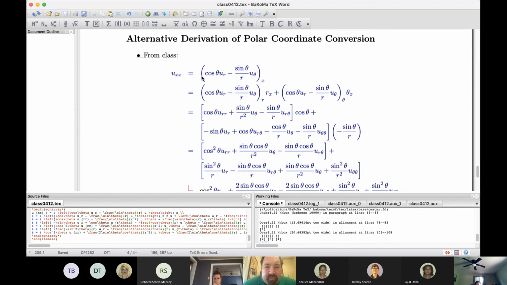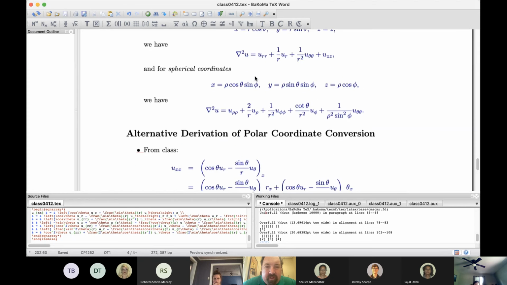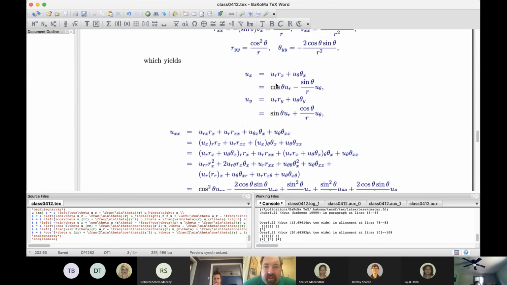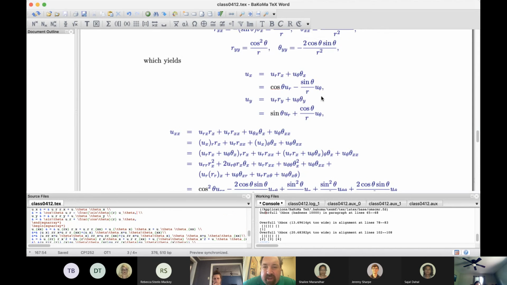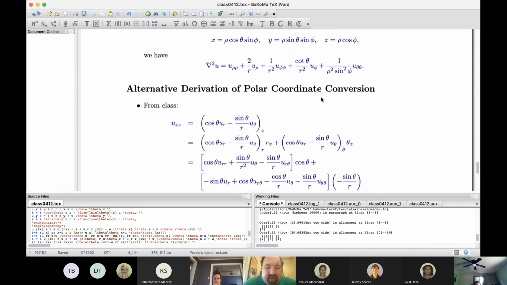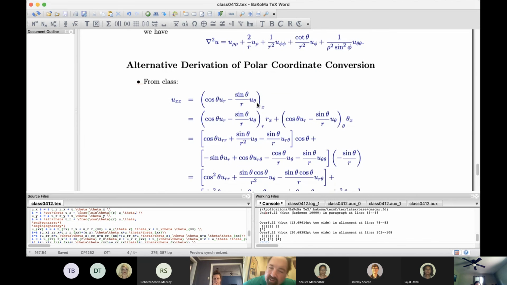Here, U_XX, this is my expression that I had before for du/dx. So if I go back up here, here's my du/dx. I just go ahead and dump that in here. I want a derivative of this with respect to x. But taking a derivative of anything with respect to x is the same as taking a derivative with respect to r times r_x plus derivative with respect to theta times theta_x.